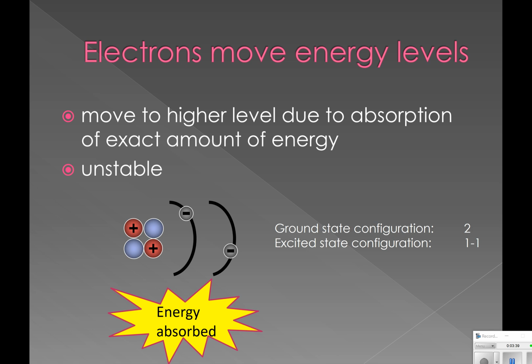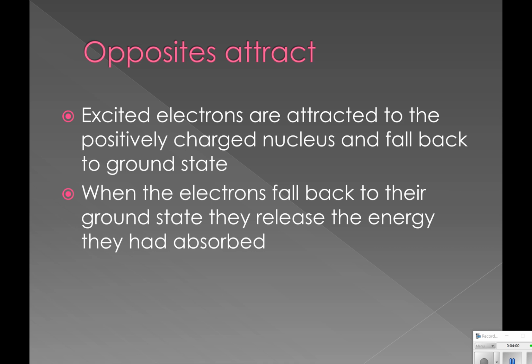So the ground state configuration where we started would have been 2 electrons in the first level. But the excited state configuration changes to 1 electron in the first level, 1 electron in the second level. So we have the same number of electrons, but it doesn't match the ground state configuration. So therefore, it's considered an excited state configuration.